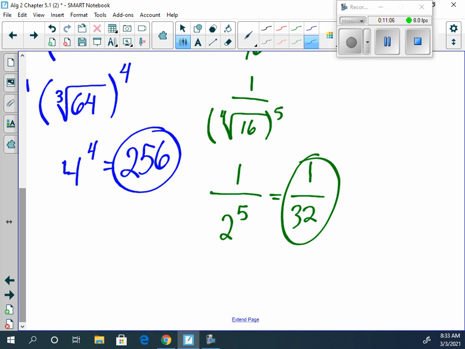And the 2 to the 5th would give us 32. So doing this in either way will work. The only real time we would have to do this by hand is if it doesn't simplify out completely, if it doesn't fully simplify, then we're going to have to do some calculations ourselves.